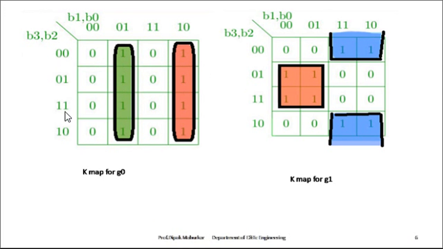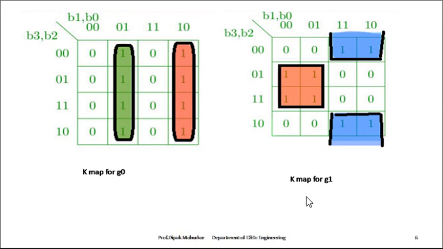So what is the equivalent for this 0 and 1? B0 here is 1, meaning B0. B1 is 0, meaning we mark it as B1 bar. So G0 is equal to B0 into B1 bar.